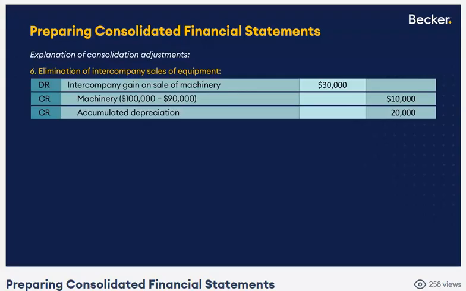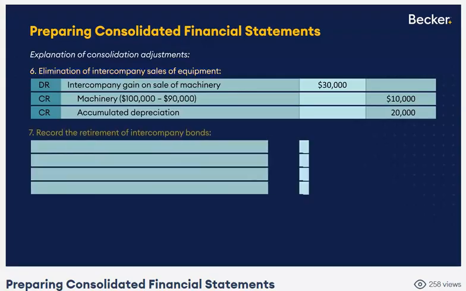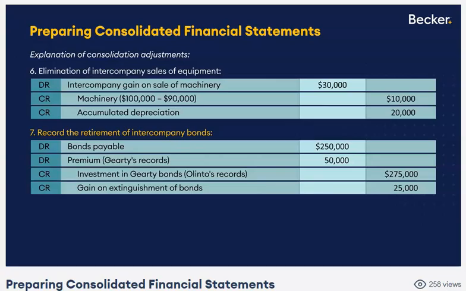We took the machinery, and what we did was it should be at 90 gross. We were showing it at 100, so we wrote it down by 10, and we reestablished the accumulated depreciation of 20. The bond, we eliminate the bond payable and the premium. We then eliminate the investment in that bond by the subsidiary, and we literally, in this particular case, do report a gain. A real gain is reported of 25,000.